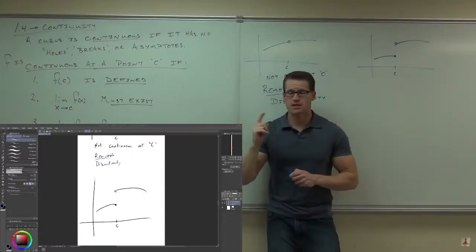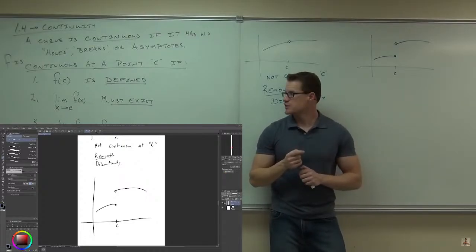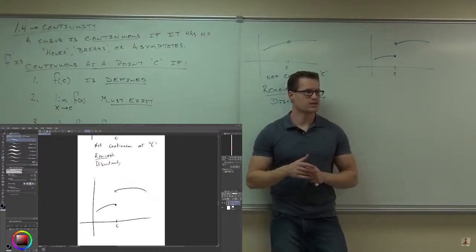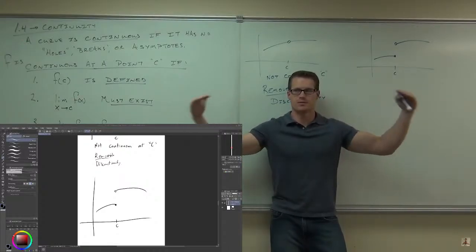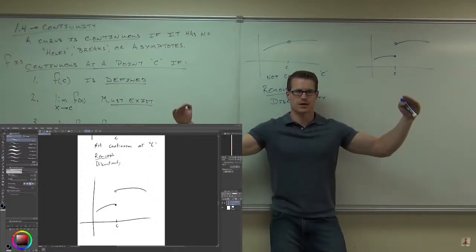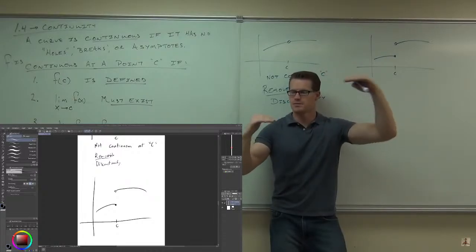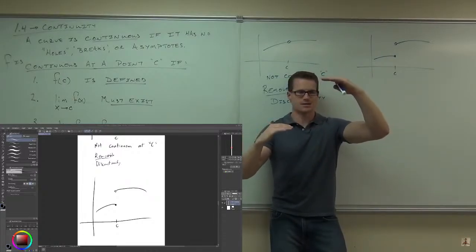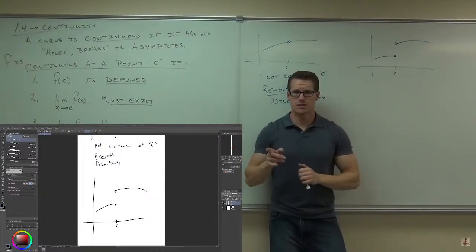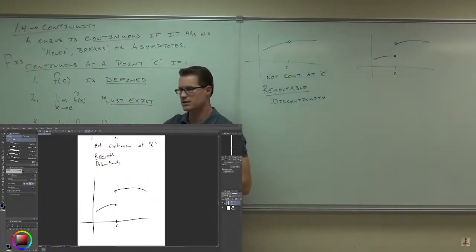Firstly, is number one satisfied? Do we have a point at c? Yes, we do. Is number two satisfied? Does a limit exist? No. Limit exists says we're going to the same spot. It means it has to look like this to get it. Does it look like that? It looks like this, right? That's a problem. So does this side meet up with this side? If it doesn't, then the limit doesn't exist. So is number two satisfied? No. If number two is not satisfied, number three can't possibly be satisfied because this is non-existent.